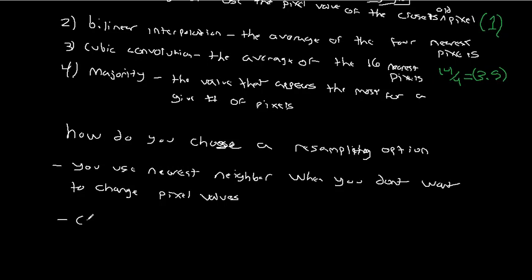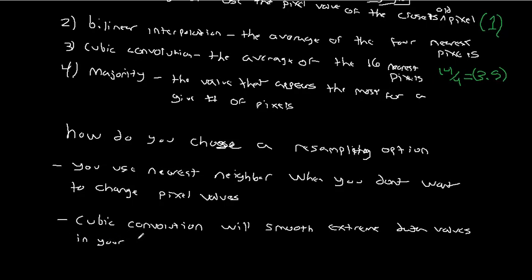Right, so cubic convolution will smooth extreme data values in your image. So bilinear interpolation is generally an acceptable option most of the time, unless you know you don't want to change your pixel values or you have a lot of extreme data that you really want to smooth.